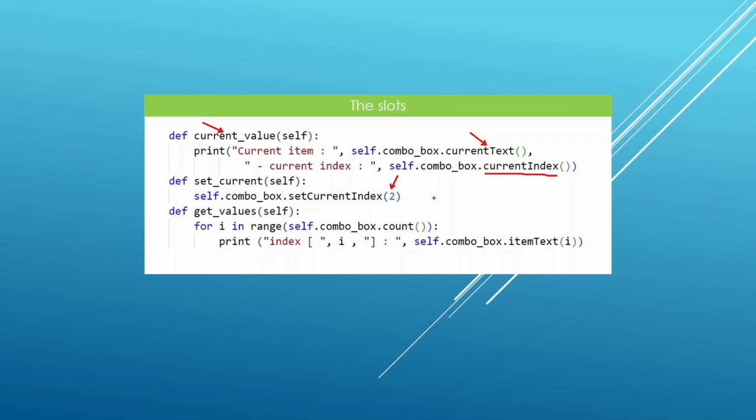And because indexes start at 0, this is going to be the third item in the list. You need to be careful about this. If you want, you can even get all the values in your combo box. And here we set up a simple loop to loop through the items, printing each item at a given index in your combo box.